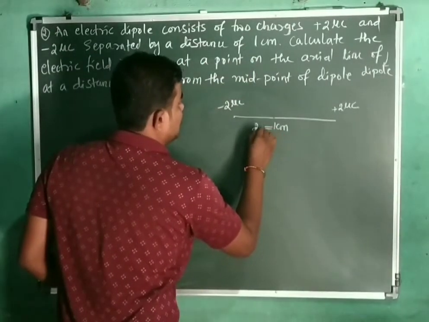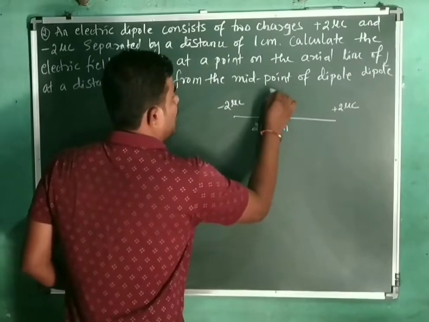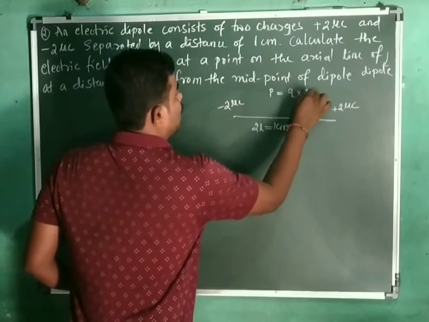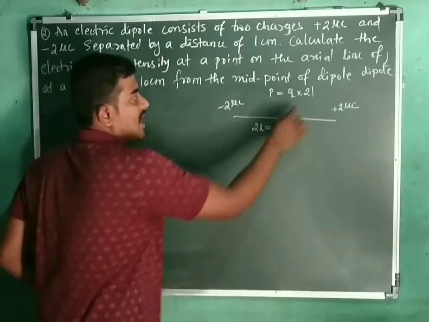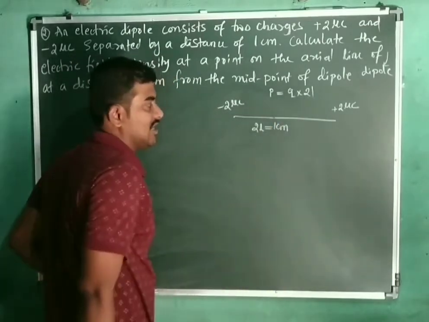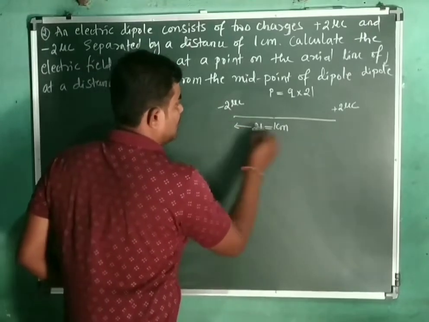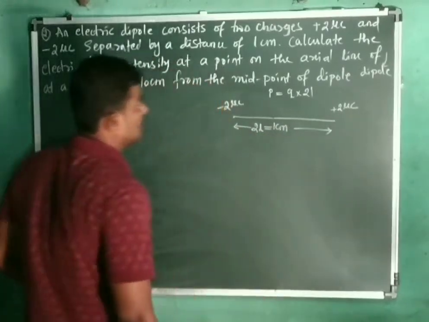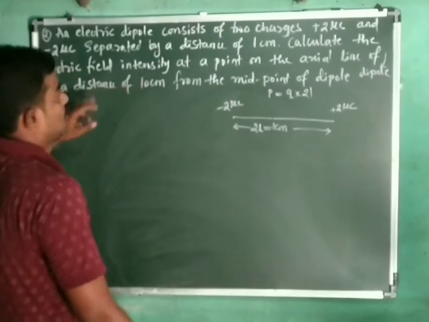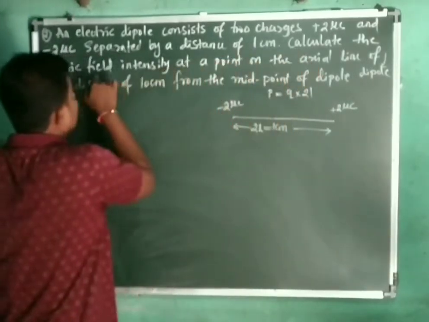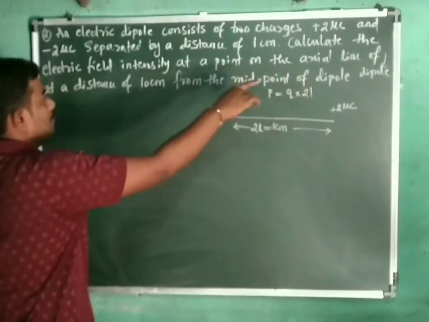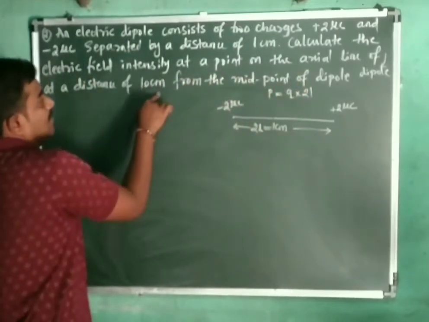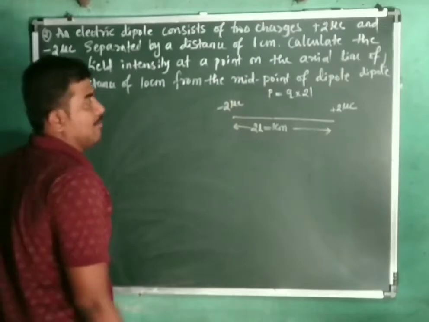This distance is 2L, because the dipole moment formula is P is equal to Q into 2L, where Q is the magnitude of either charge, and 2L is the distance between the charges. Therefore the distance between the charges is 1 centimeter. The question is, calculate the electric field intensity at a point on the axial line of the dipole at a distance of 10 centimeter from the midpoint of the dipole.